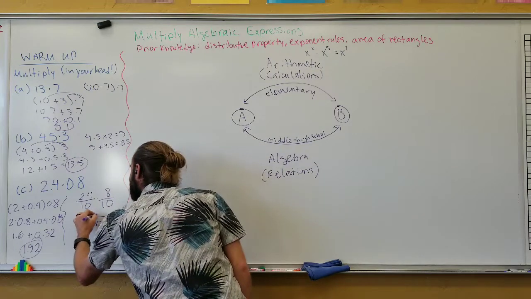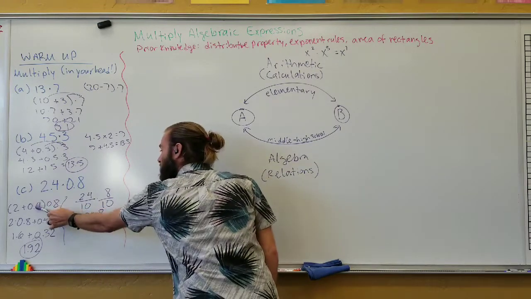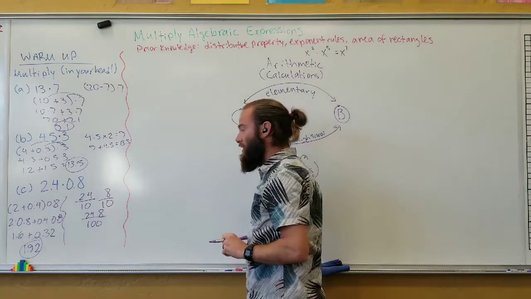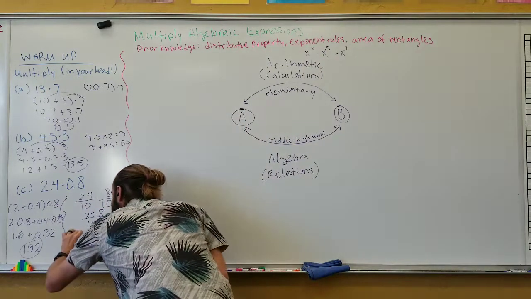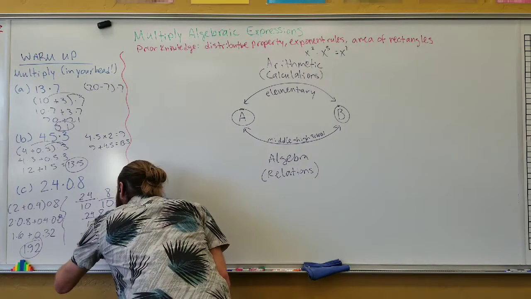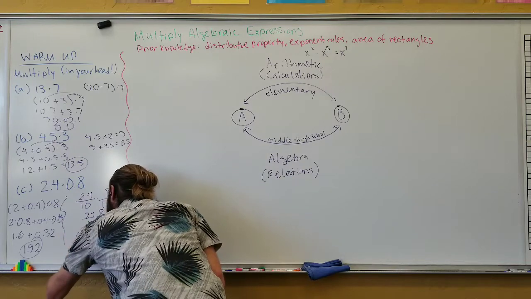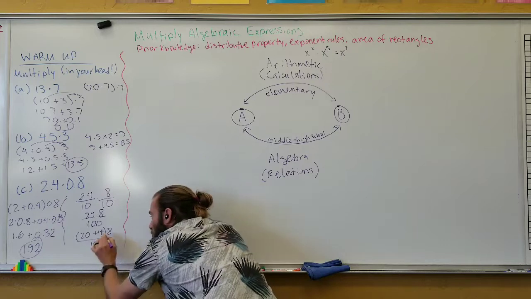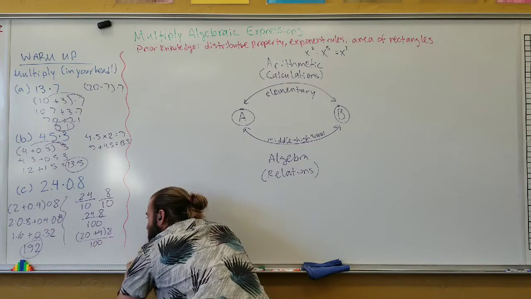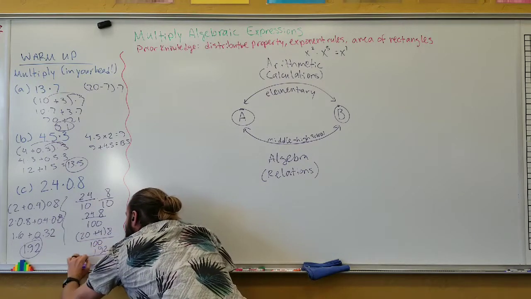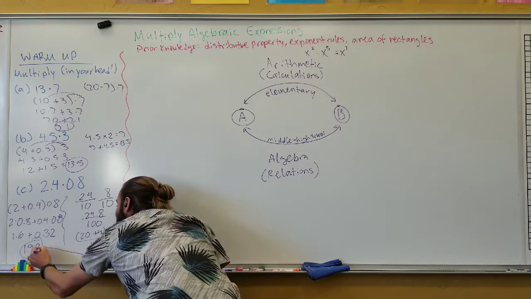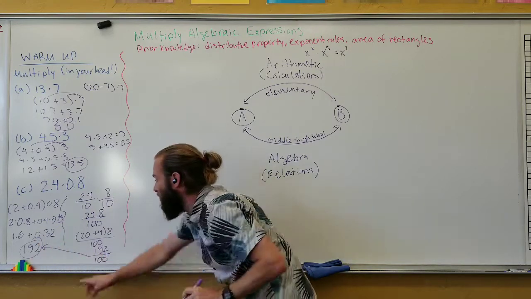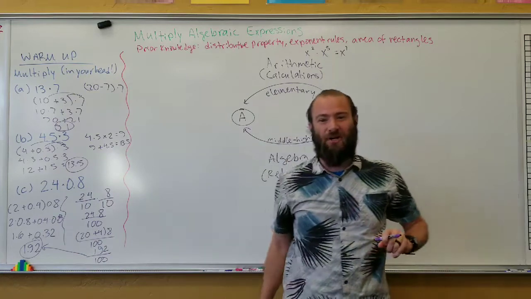And if I did 24 times 8 using the distribution thing, then what I would get is 20 plus 4 all times 8 over 100, and that would be equal to 160 plus 32, which is 192 over 100, and of course 192 divided by 100 is 1.92, like we got there.